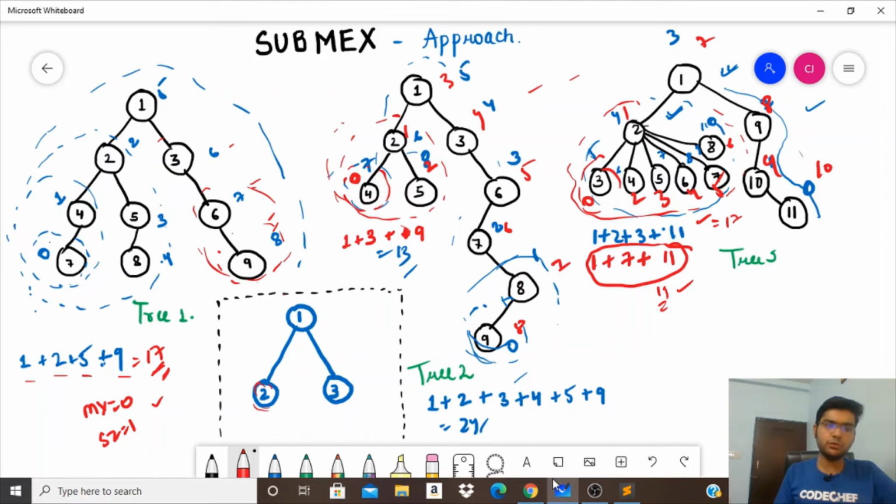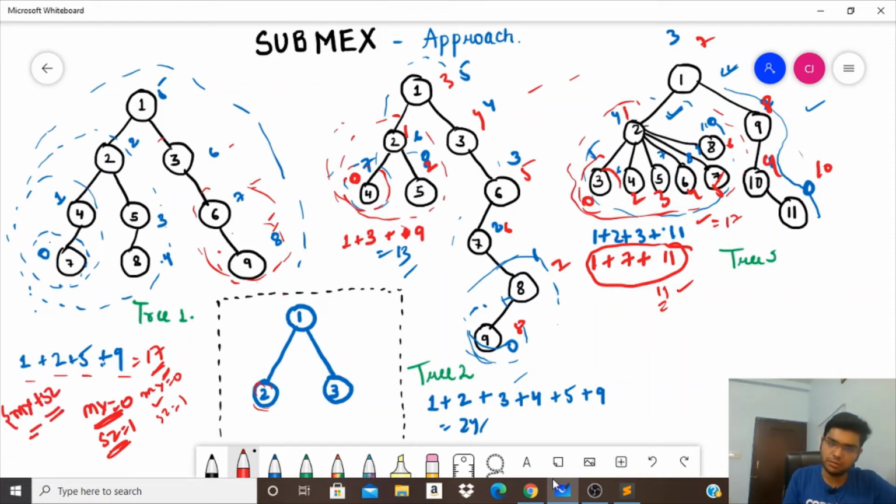We will assign the max value for the base case as 0 and the size as 1, right? So at each leaf level the max will be 0, obviously, if we take the value as a non-negative integer, so it is 0 and the size will be 1. This is the base case. And then in the DFS we'll return the pair that is max plus size for each subtree, that is the total max that we are getting and the size. So this is the following pair that we are going to return. So let's see how.